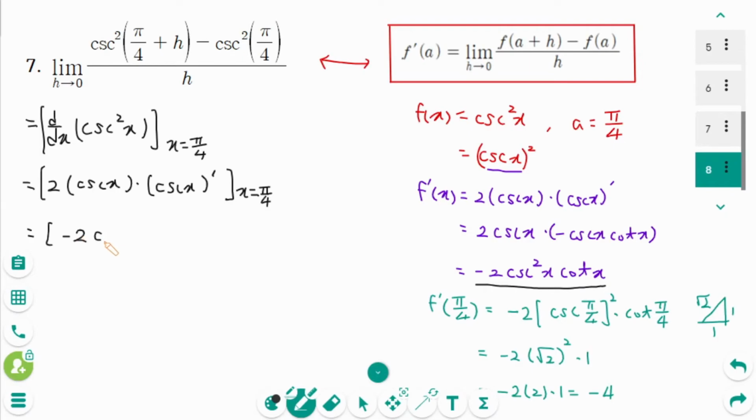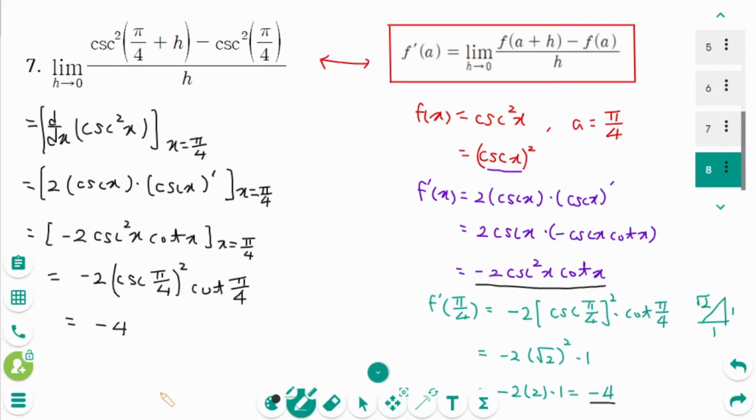Minus 2 cosecant squared x times cotangent x when x equals pi over 4, then we can rewrite as minus 2 cosecant pi over 4 squared times cotangent pi over 4. We already have the answer, minus 4 here.